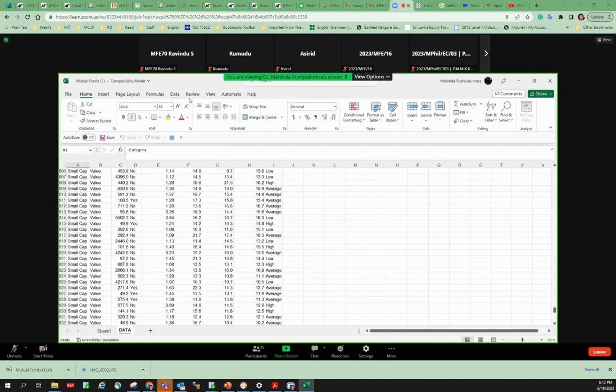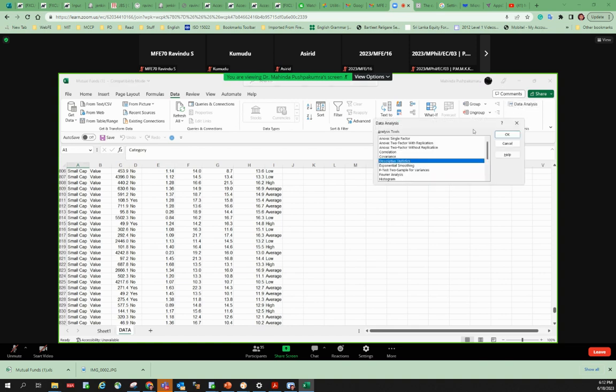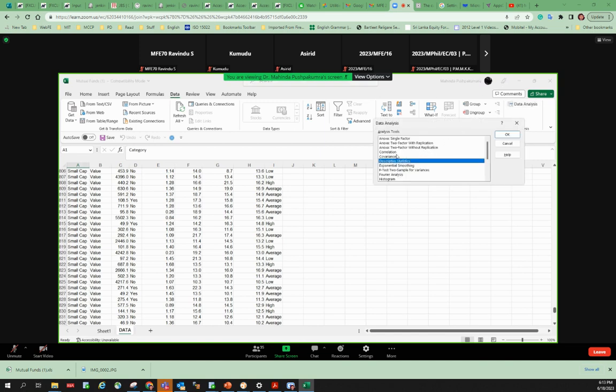Then in the descriptive analysis, we learn covariance and correlation. We can calculate covariance and correlation using the data analysis tool. Same method, data analysis, then covariance.